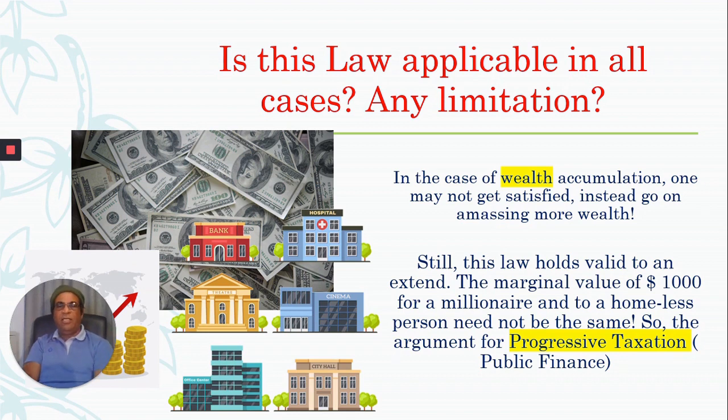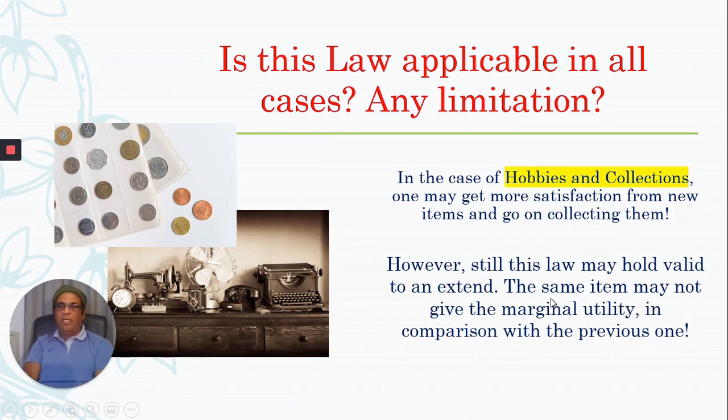So that is why there is an argument for progressive taxation. That is studied in public finance. And another is collection, coin collection, antiques collection, so hobbies. But still that also holds. When you get the same coin, same currency, same antique, second, third, this may hold good.